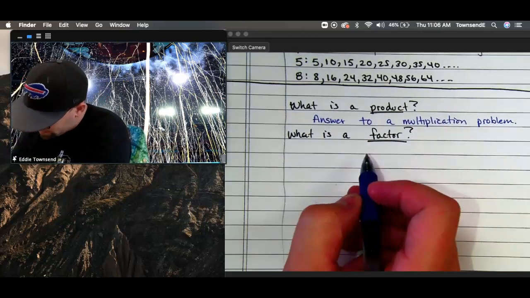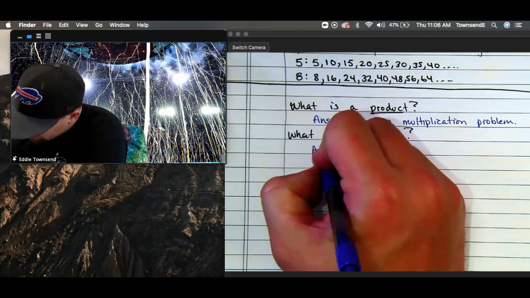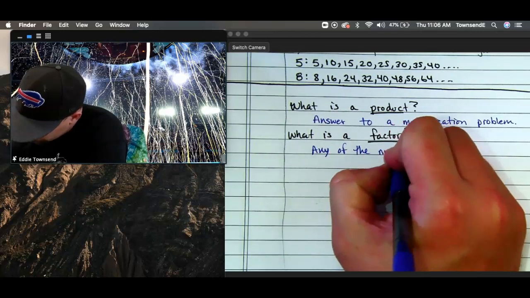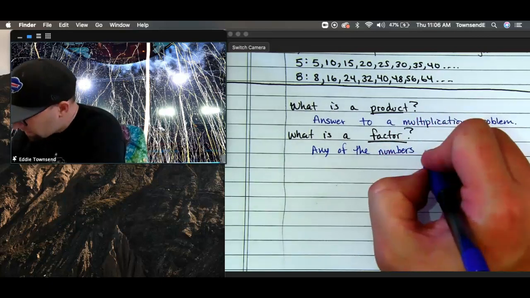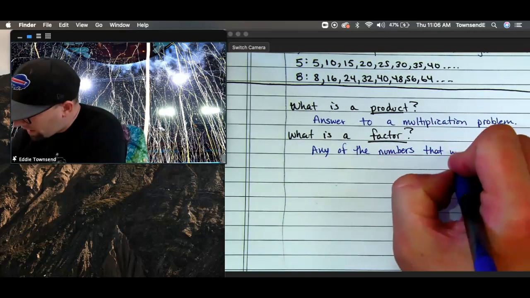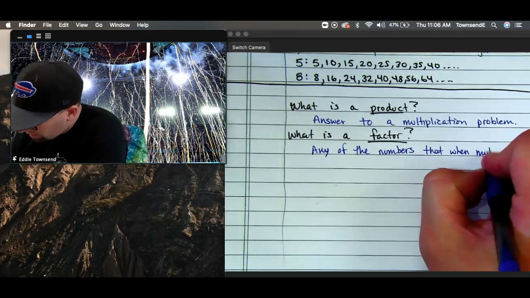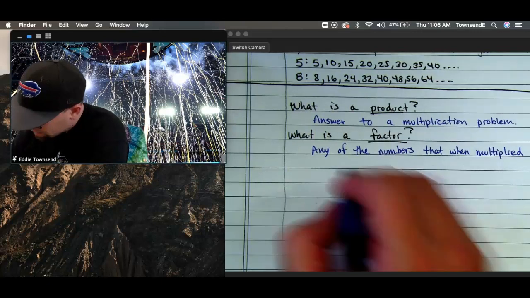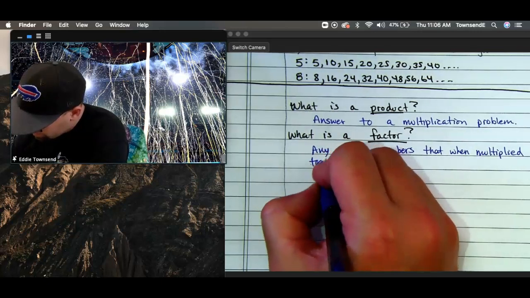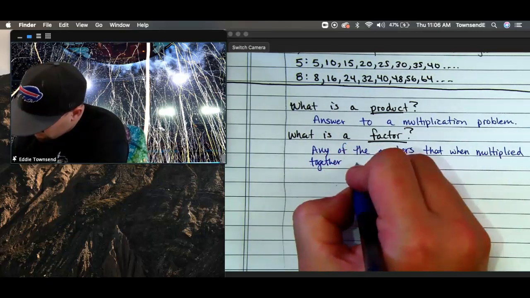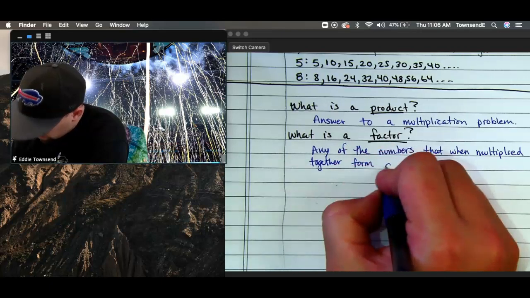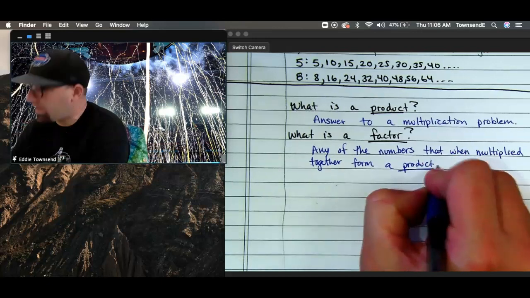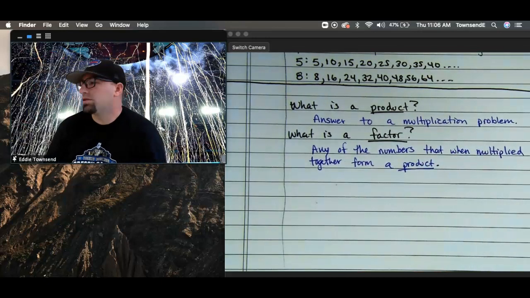A factor is any of the numbers that when multiplied together form a product. We already defined product. So go ahead and write those down.